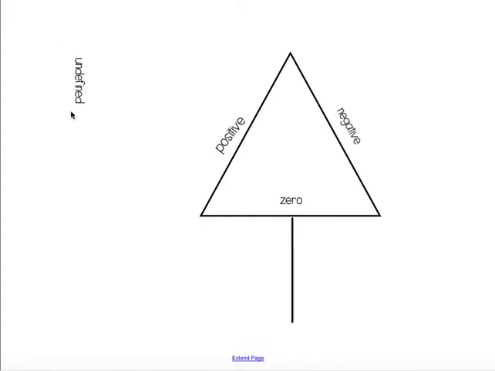So that is our undefined slope. So we will talk about those more, but just in general to keep in mind, if it is straight across like that, it's 0, straight up and down is undefined.